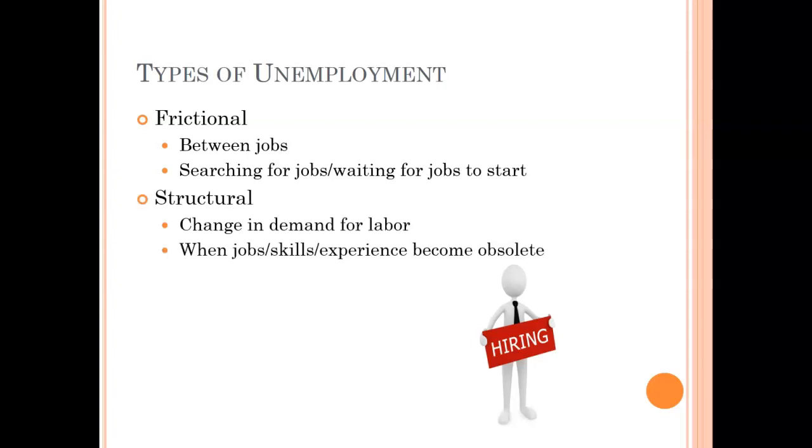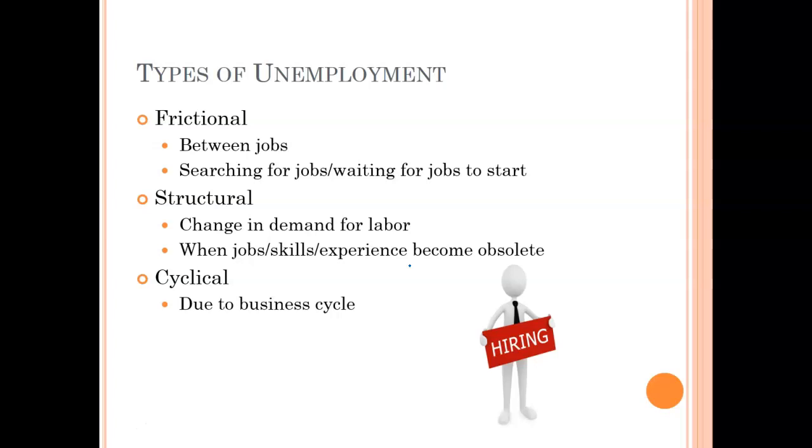The second is structural, and this is the really dangerous one, because structural unemployment means the structure of the economy no longer needs your skill sets. And so that is the difficult one, because with structural unemployment those jobs don't come back, even during expansionary time periods. The economists figured out you aren't needed, for whatever reason.